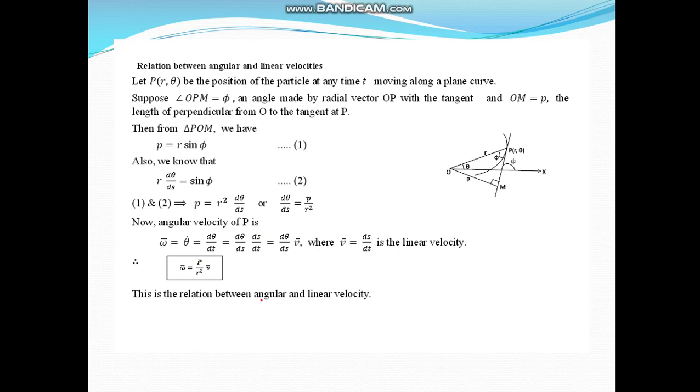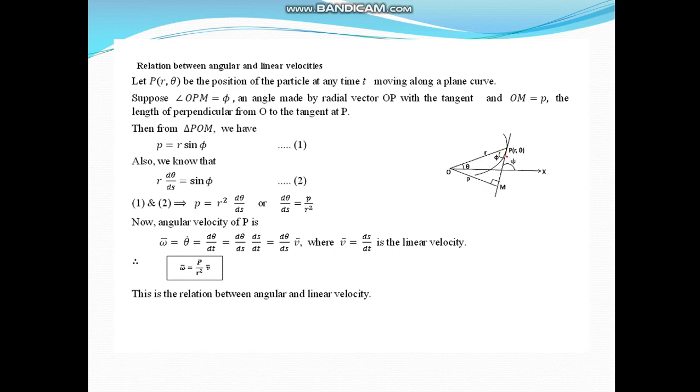Then the relation between angular and linear velocity. So P is the position of the particle at any time t, and that particle is moving along this curve. Angle OPM equal to phi.